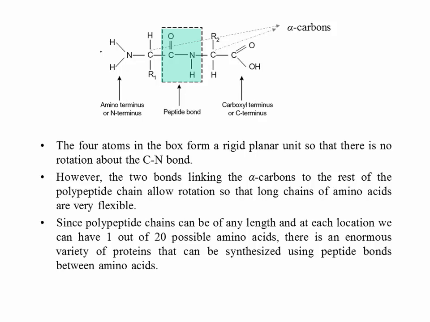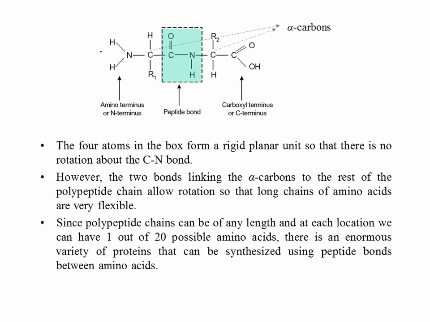Now if you look at a peptide bond, the 4 atoms that are in that box marked in blue form a very rigid planar unit. So you cannot do any rotation about the carbon-nitrogen bond. That is fixed. But the 2 bonds that are linking those alpha carbons, the one to the left of that blue box and the one to the right, have a lot of flexibility.